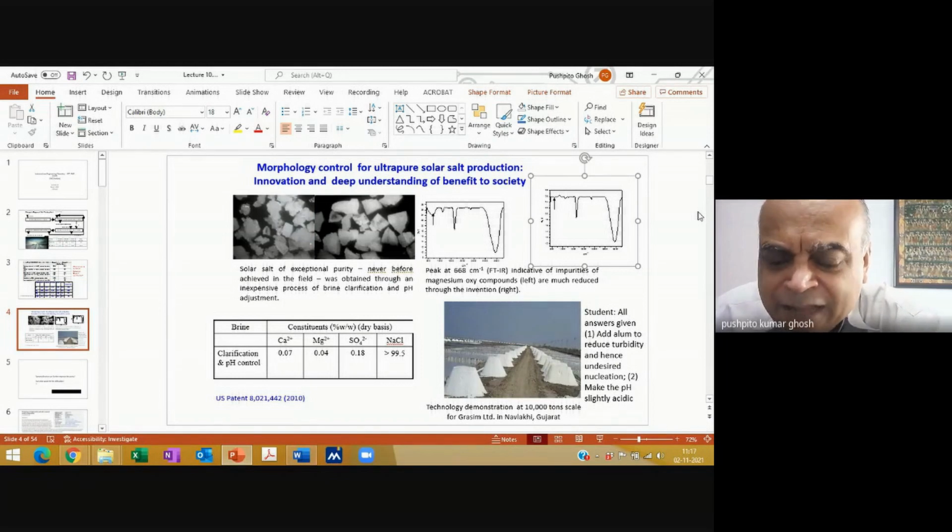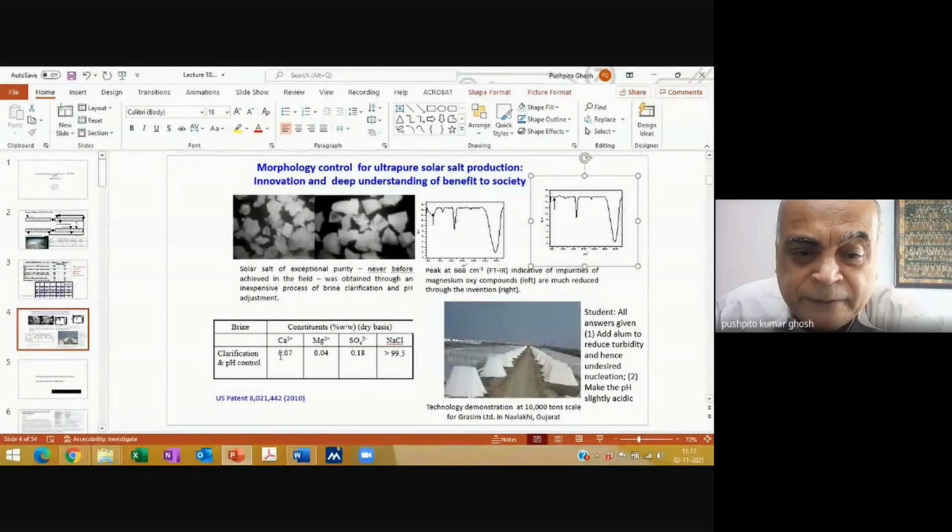And exactly as was thought. Now what happened was that the calcium magnesium ratios became perfect, roughly that 2:1, and you get of course a very low sulfate, and the NaCl concentration was greater than 99.5.